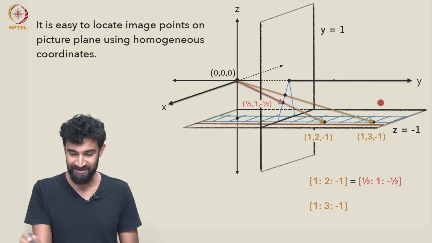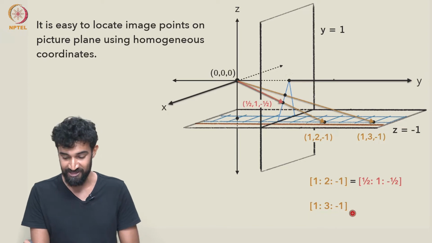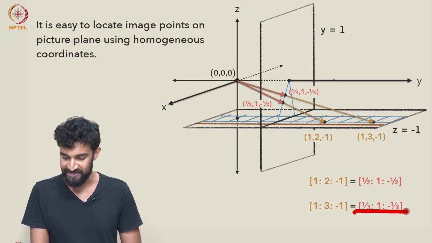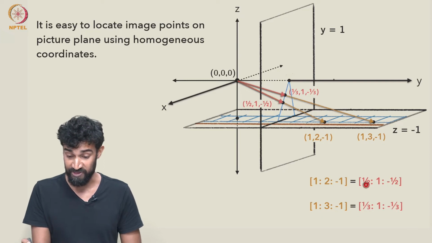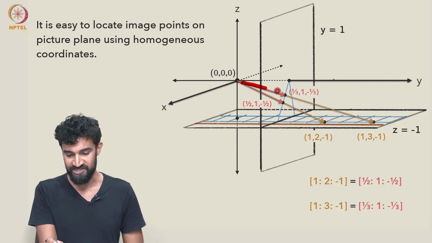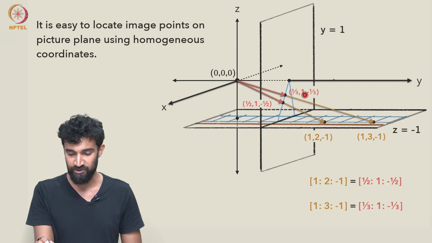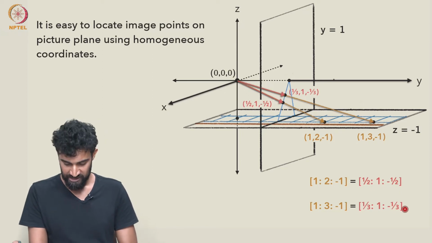And for its image point in the picture plane, we just want to get a 1 here for our y-coordinate, so we divide everything by 3. We get this representation of that line. This vector is now representing the line, and its coordinates are 1/3, 1, -1/3. So that's the image point from this line.